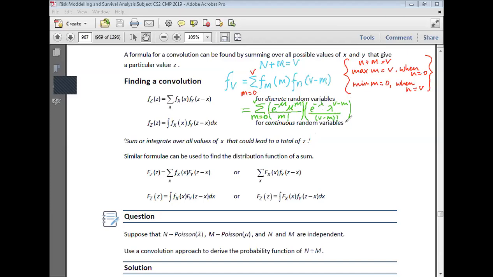We can combine it. And how do you think I can combine it? e raised to minus, in brackets, mu plus lambda.